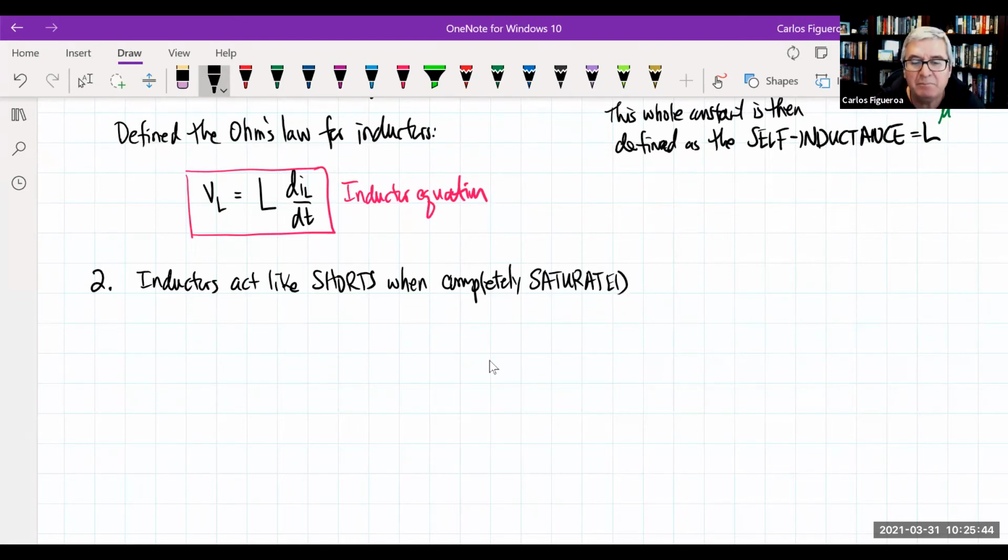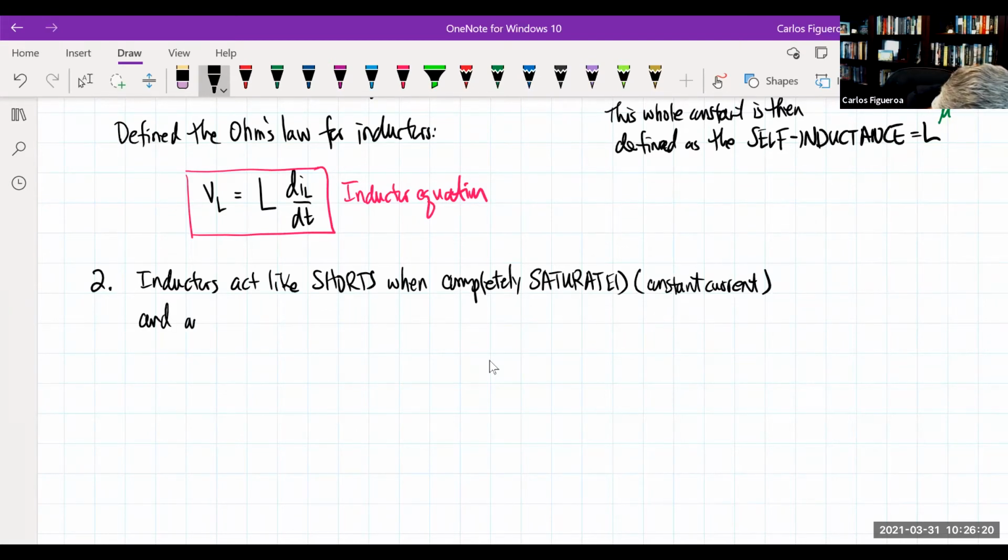And I know a lot of people will say, no, when the inductor is completely charged, well, that doesn't make any sense. Guess what? Inductors are neutral. So how could they be charged? The amount of current flowing in is equal to the amount of current flowing out, so that makes no sense. The proper word is saturated. And when you say saturated, what you mean here is that you have a constant current flow throughout the inductor.